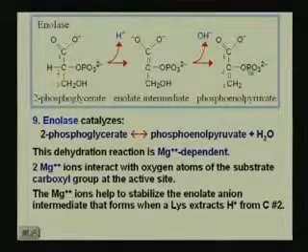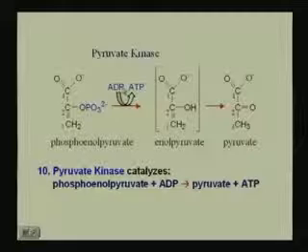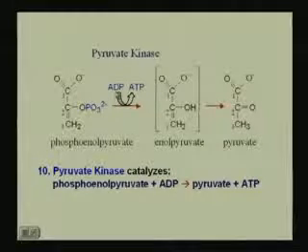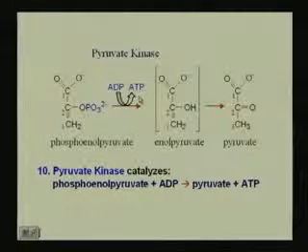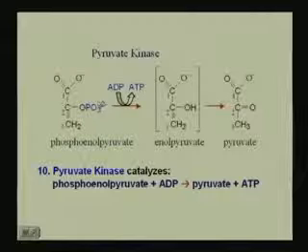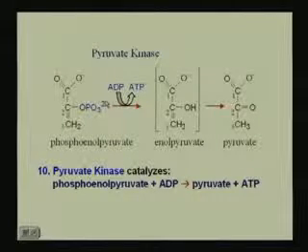Okay, so we have to lose this phosphate, and who takes up the phosphate? ADP. Okay, so now we form another ATP here in this step of glycolysis. And the enzyme here is pyruvate kinase, that is shifting the phosphate. Remember, the kinase shifts the phosphate.